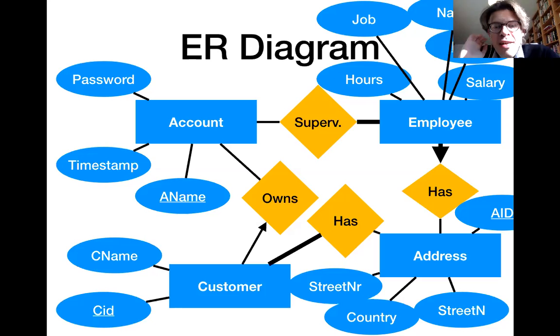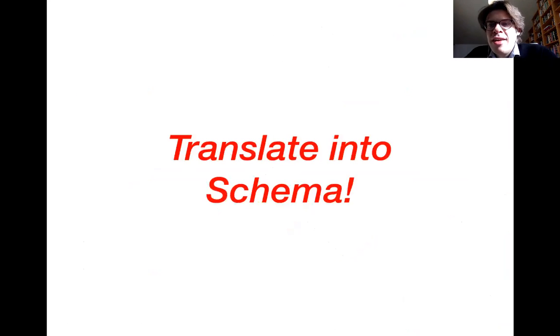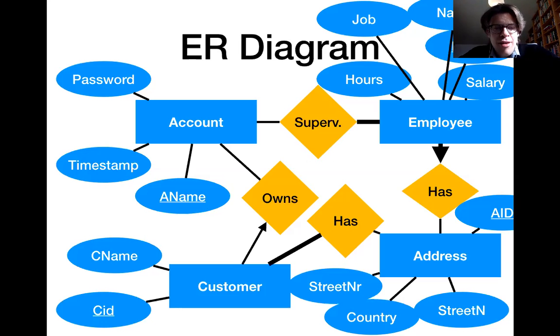So in the following, we try to translate this into a relation schema. I'm giving you this entity relationship diagram, and let's give it a couple of minutes, try to translate at least a part of this entity relationship diagram into a database schema.